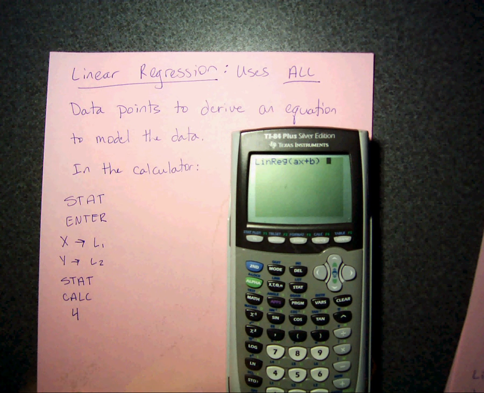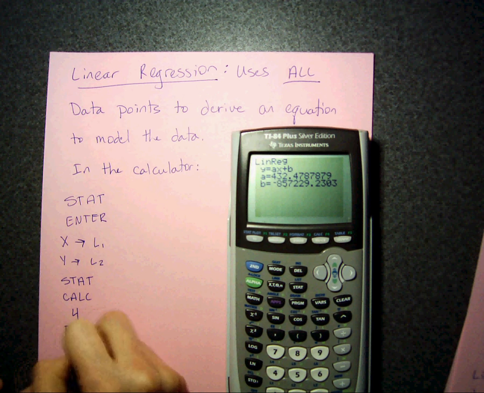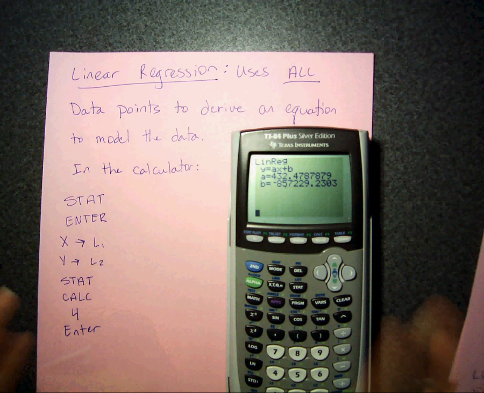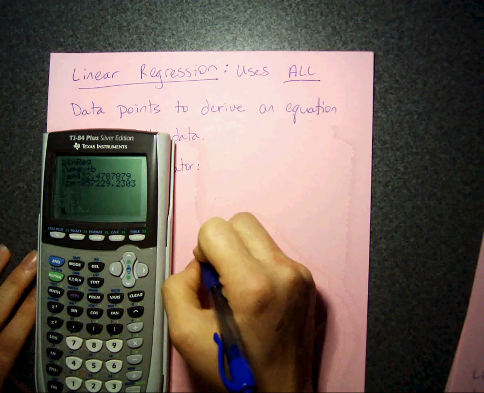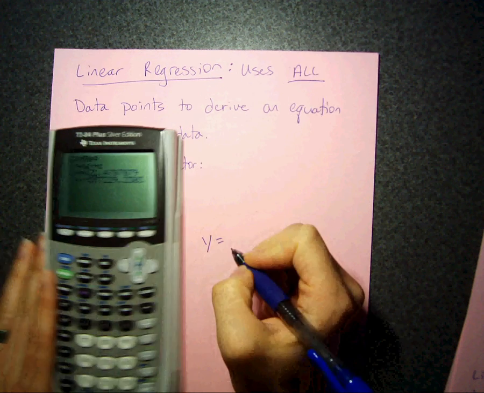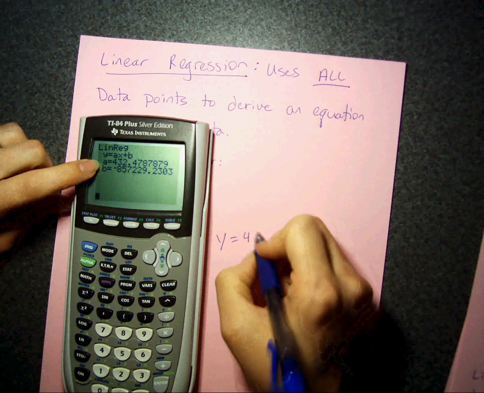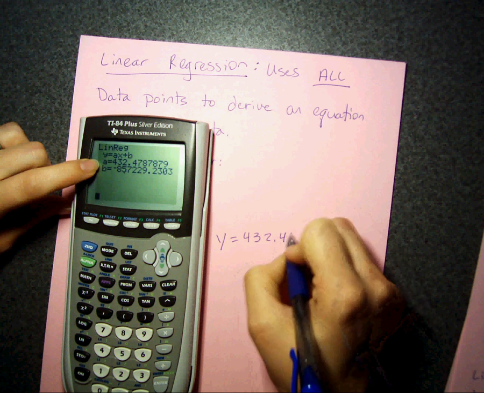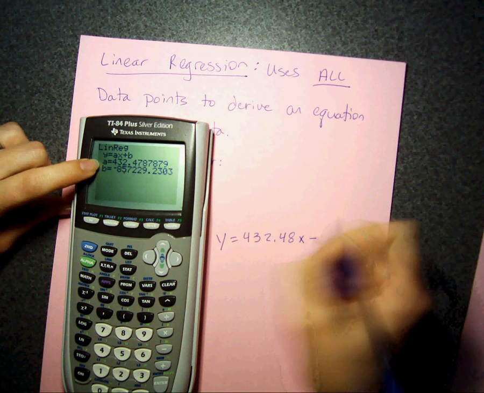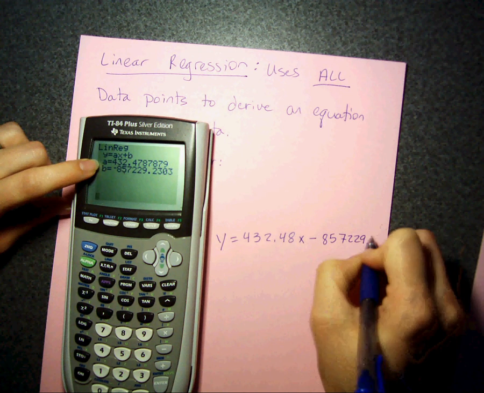And here it gives me an approximation for the equation. So I have y equals ax plus b, where a is my slope, 432.1, and I'm going to round to the hundredths, so 432.48x minus 8572229.23.